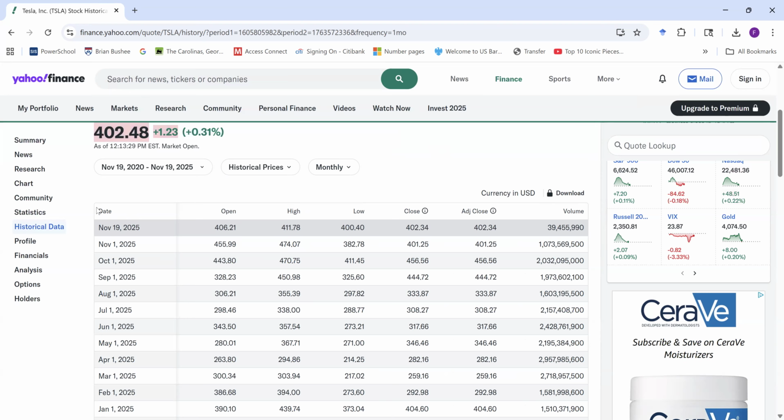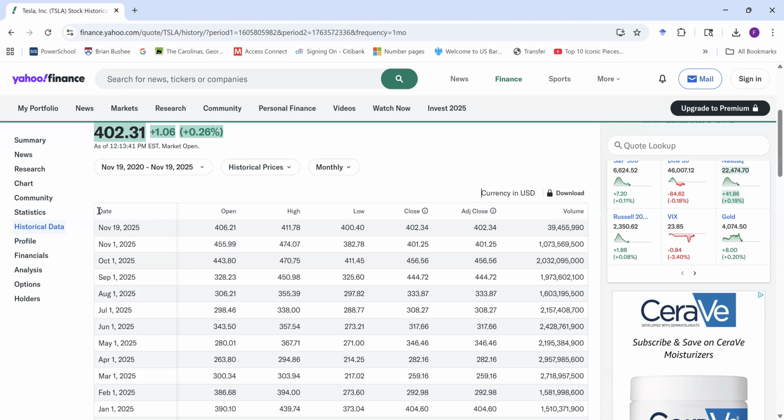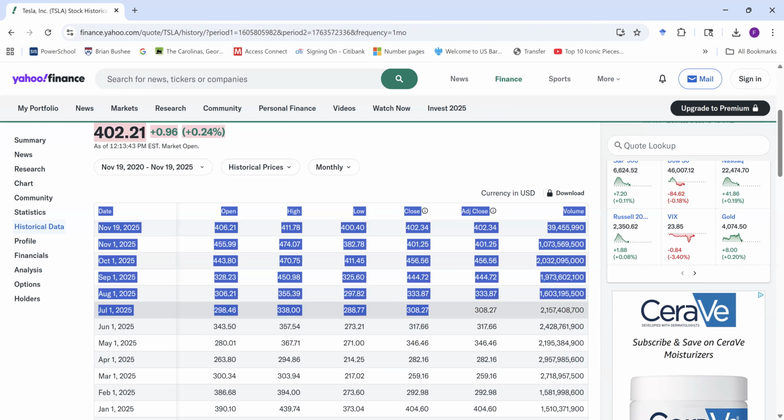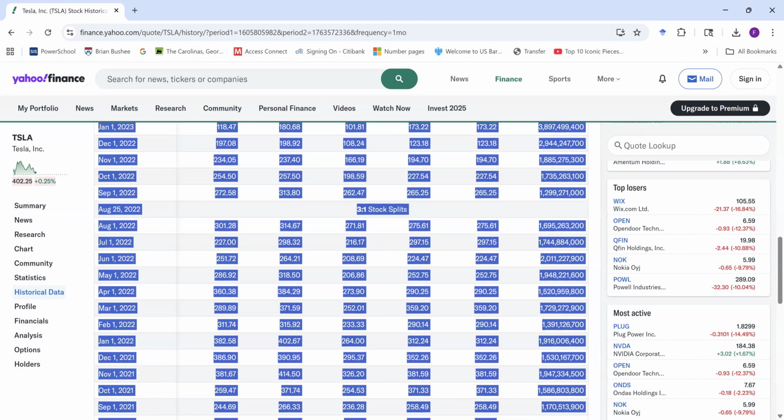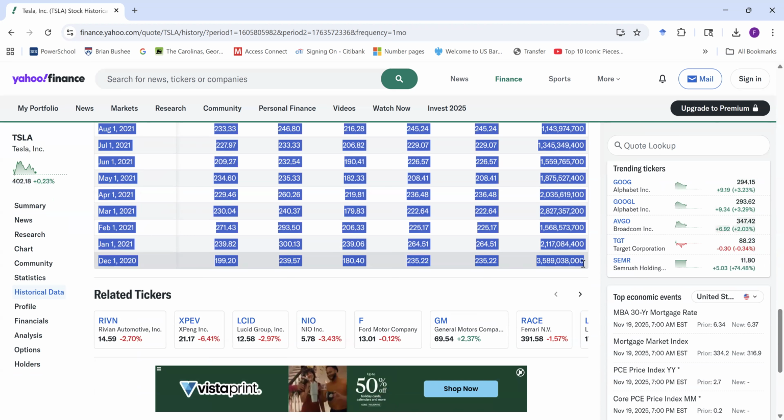So what you can do is to select the data and to paste it in Excel. So you go here all the way to December 1st, 2020.